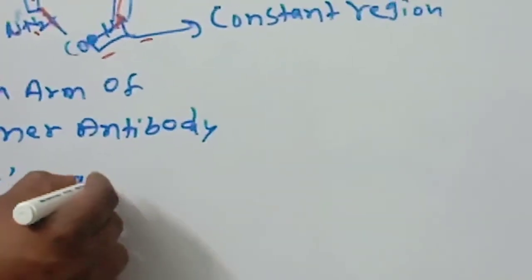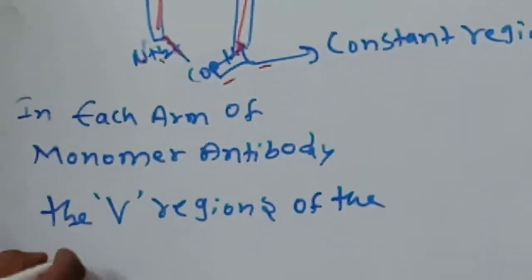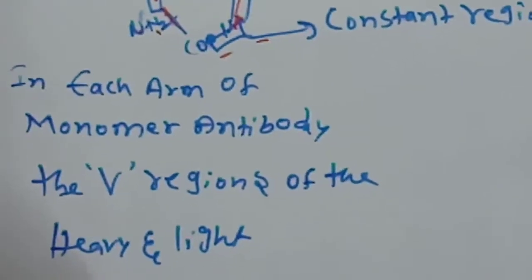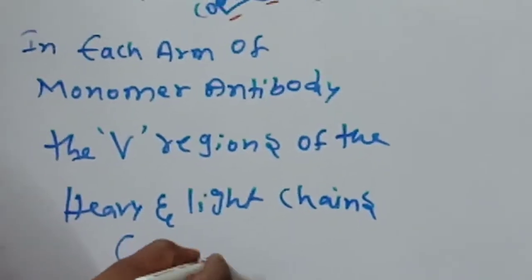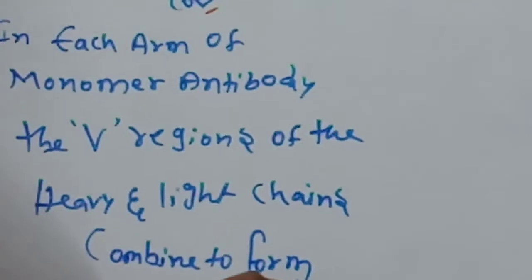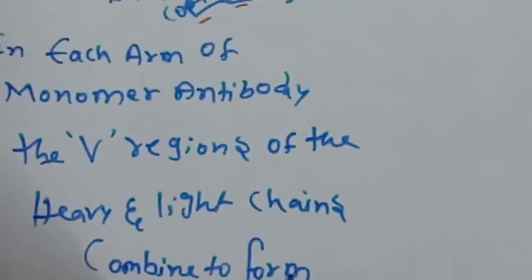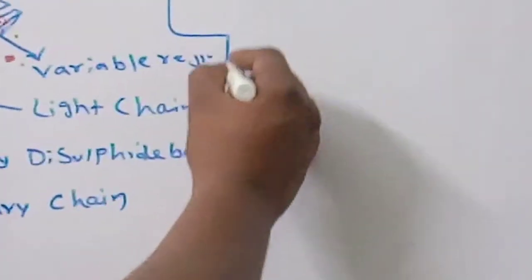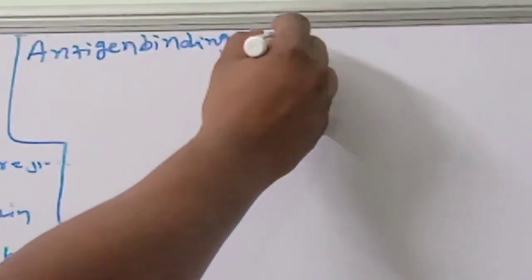The V regions of the heavy and light chains combine to form, very important, this one you should remember, an antigen binding site. They will form the antigen binding site.